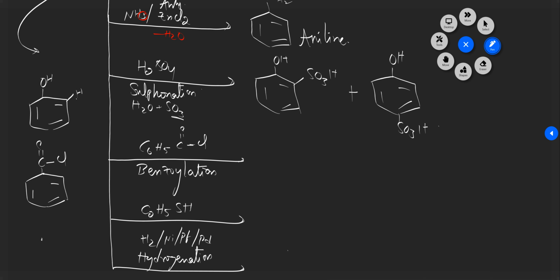One more possibility: these bonds are going to shift this side, and this one shifts that side, meaning negative charge will form on the ortho position. This will attack this carbon. Why? Because this carbon is an electrophile. This one is shifted towards oxygen, meaning this carbon is going to get a positive charge. So this is an electrophile.